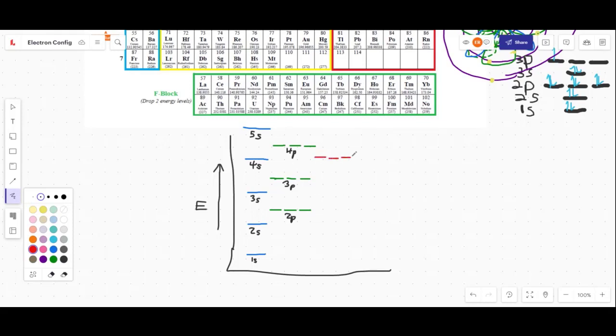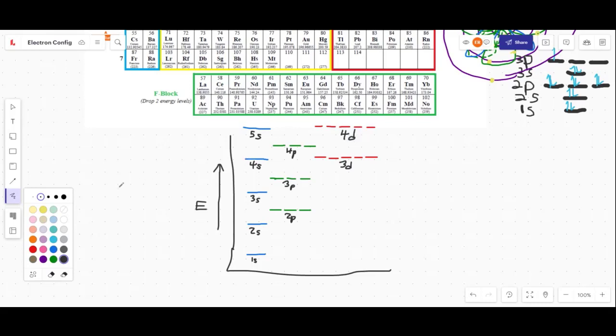You get 1, 2, 3, 4, 5 3D orbitals. And likewise, the 4D would be 1, 2, 3, 4, 5D orbitals. So this is the 3D, and this is the 4D.